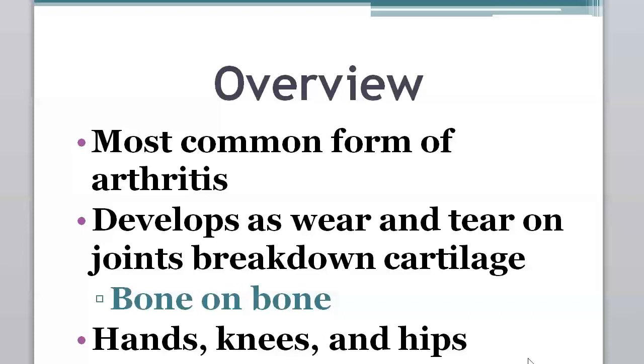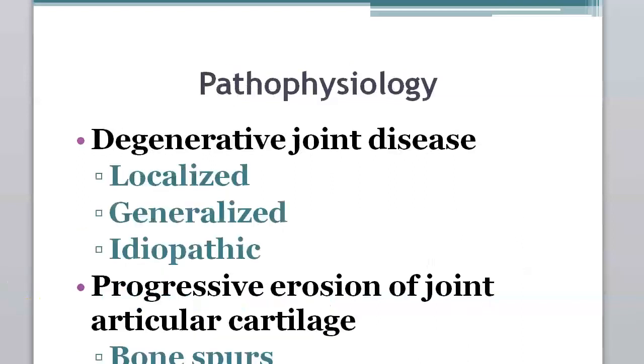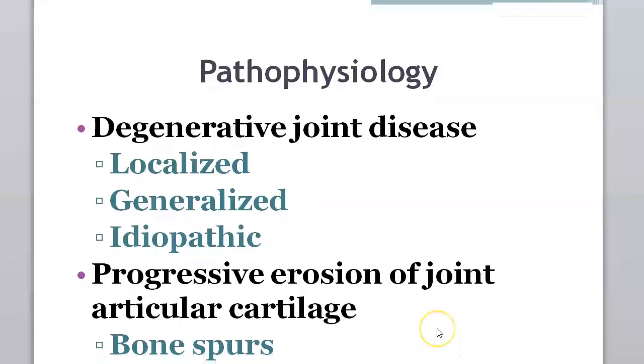Some of the affected areas are the hands, the knees, and the hips. It's a degenerative joint disease, localized, generalized, idiopathic, with progressive erosion of joint articular cartilage, which can also develop what we call bone spurs.